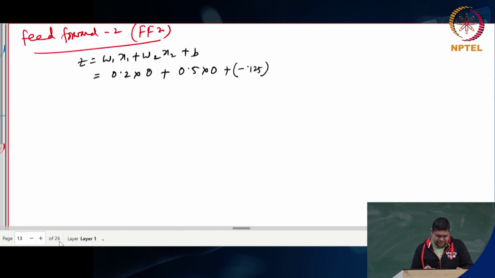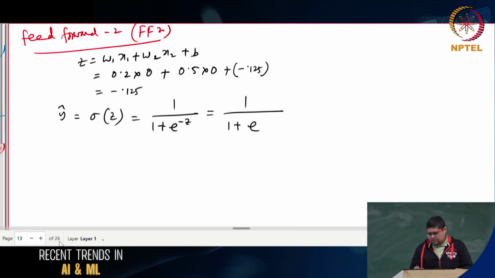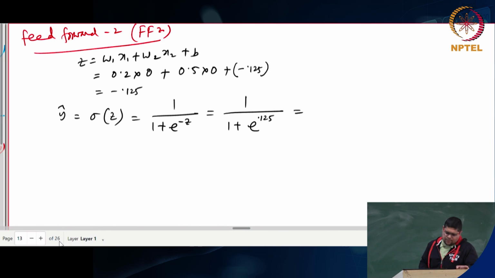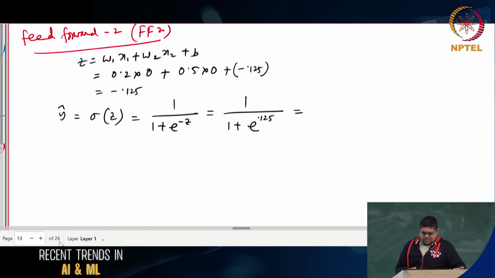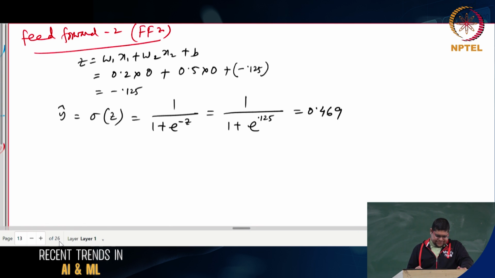So altogether it is minus 0.125. Now y hat, you please calculate: sigma of z equal to 1 by 1 plus e to the power minus z, equal to 1 by 1 plus e to the power minus of minus 0.125. You can use your calculator, and you will get approximately 0.469.